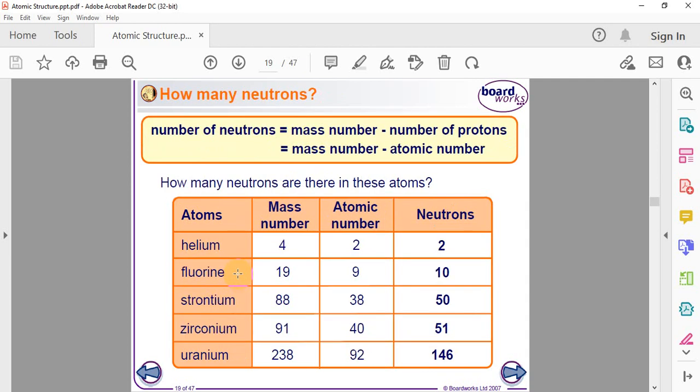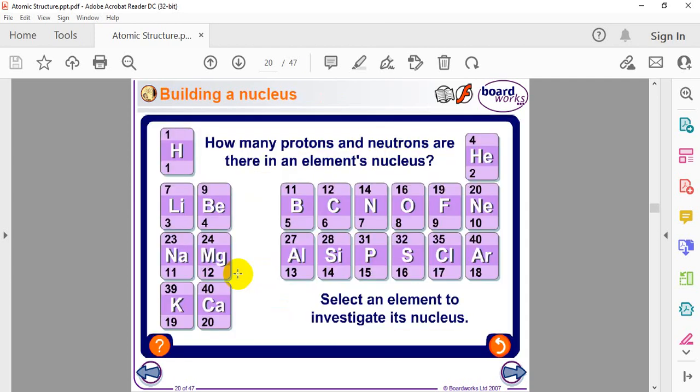It continues. So revise this. How many protons and neutrons are there in an element's nucleus? So we want to identify the protons and neutrons here. Hydrogen, like I said, has 1 proton, 0 neutrons. So 1 plus 0 gives us a mass number of 1.